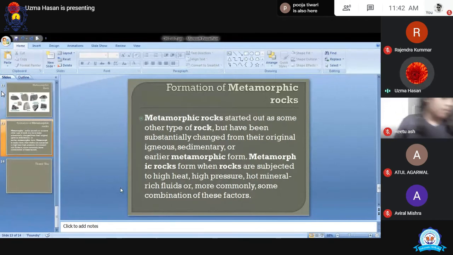What happened in volcanic eruptions? In volcanic eruptions, suppose कहीं पे एक volcano है, ठीक है.